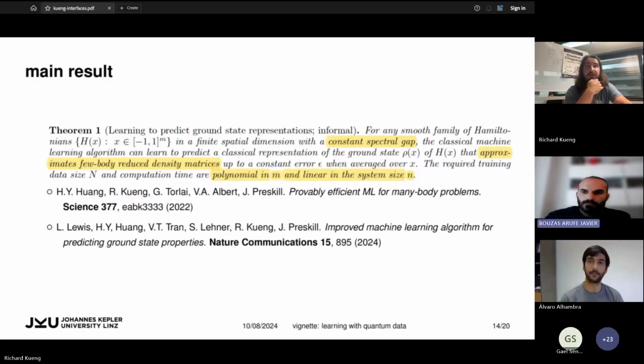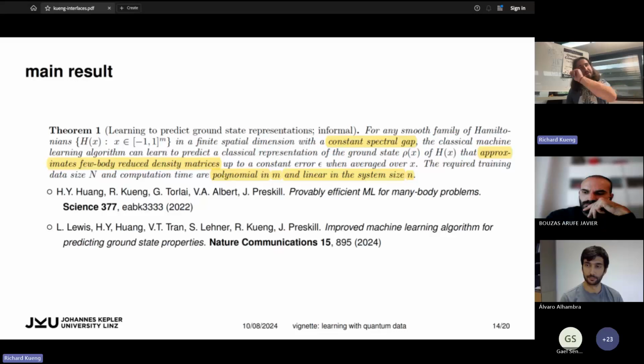Yeah. And just maybe very quickly for those of you who are experts, the way we actually prove that is reformulate this learning problem as an interpolation problem of functions. And if you assume a strong constant spectral gap, then you can use matrix perturbation theory to prove that if you wiggle the couplings a little bit, then the lowest energy eigenspace also only wiggles a bit.